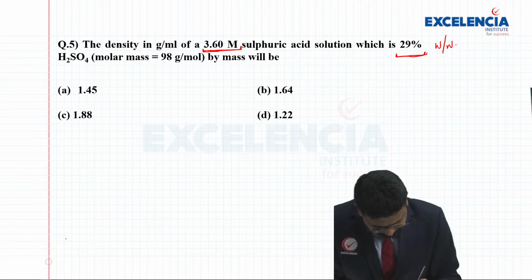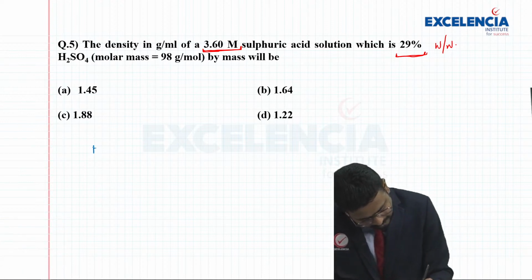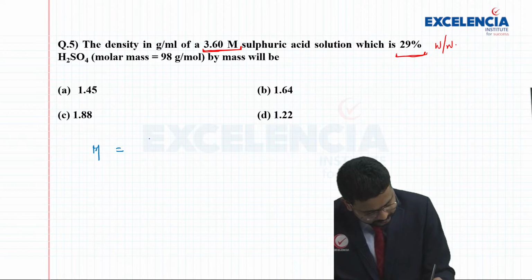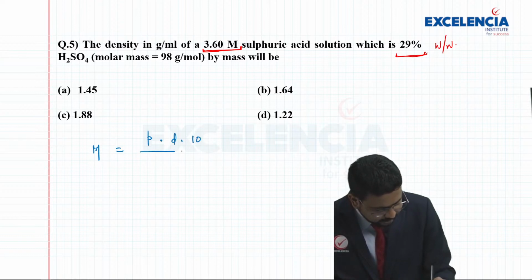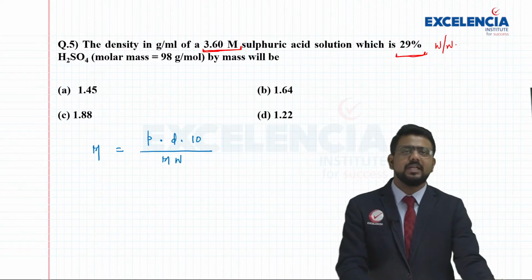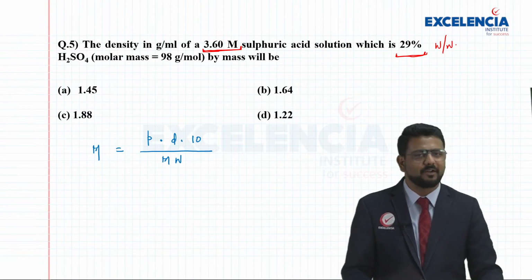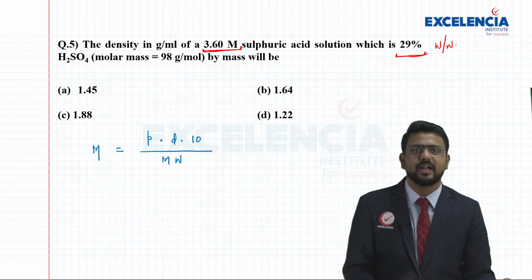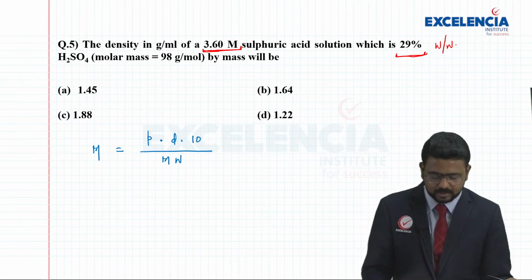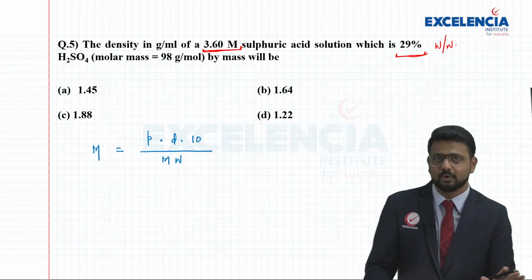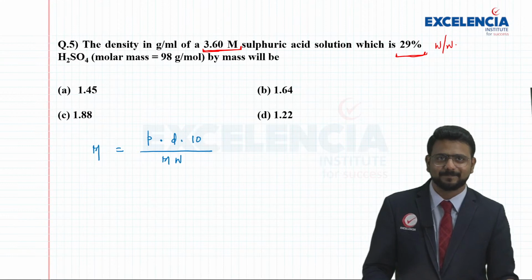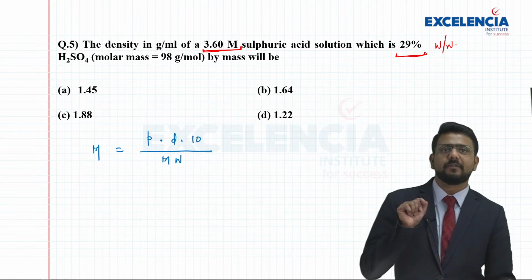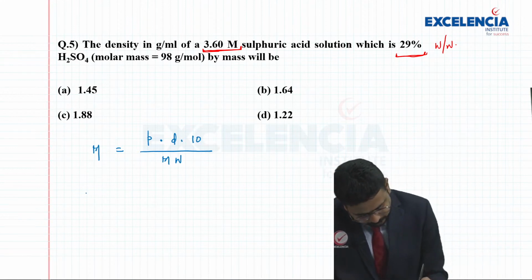I hope all of you know that particular relation, that is molarity of any solution is equal to P D 10 divided by molecular weight of the solute, wherein this P is nothing but percent weight by weight, D is definitely density, 10 is just a number here, and molecular weight is for the solute here, which is nothing but sulfuric acid.